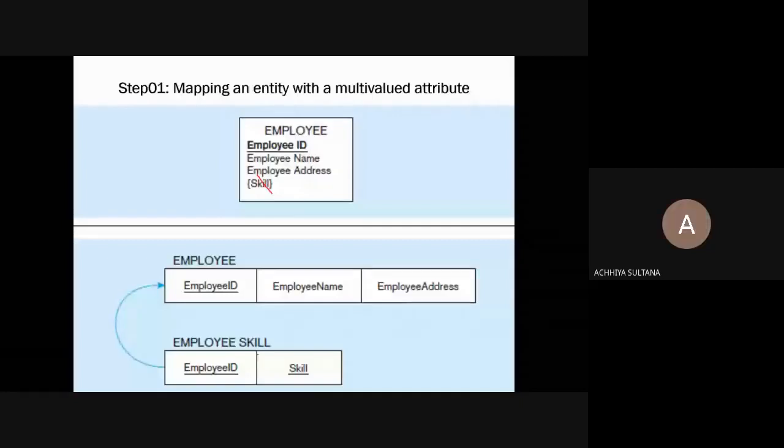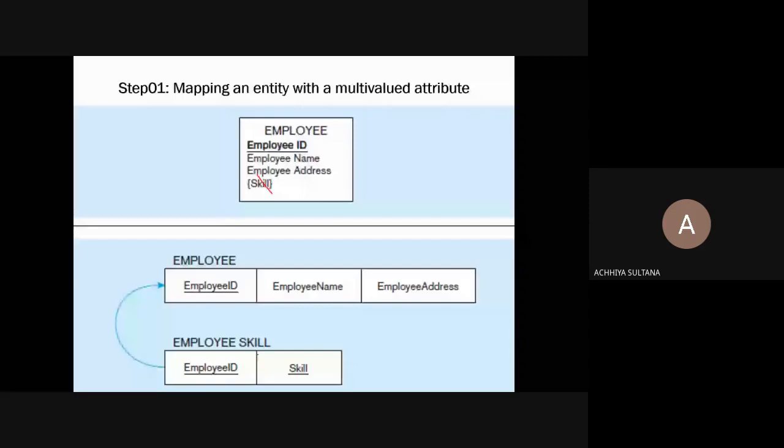Sir, here we can see the skill is underlined. So my question is, why do we underline that? Okay. I can give you the answer, but just let me ask you another question.